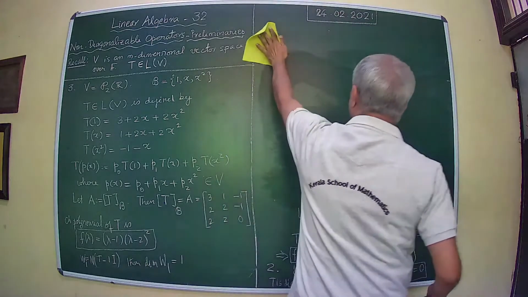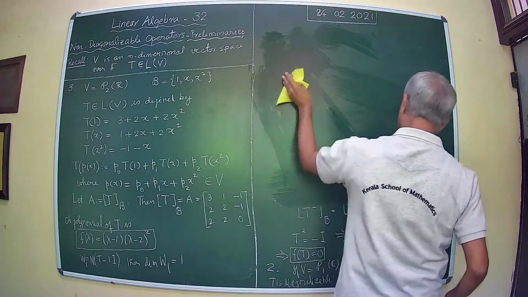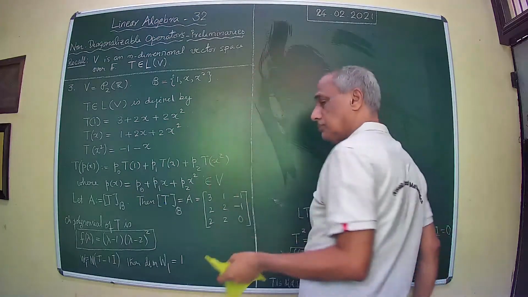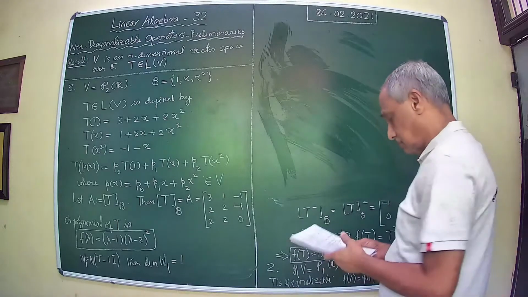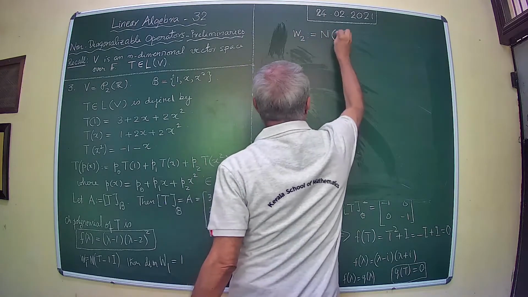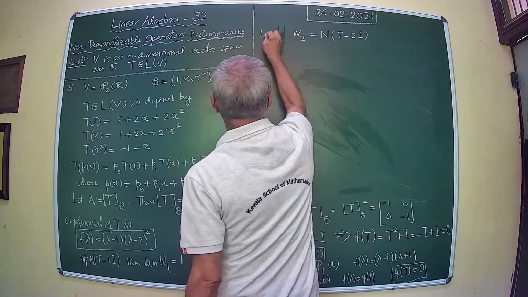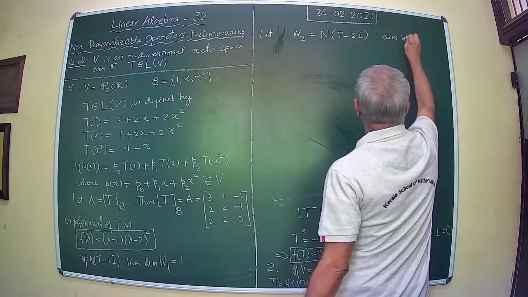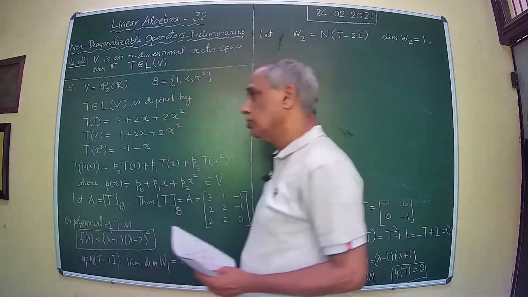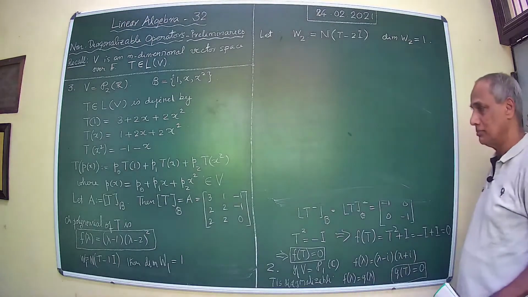Let me see that the dimension of W2 is also equal to 1, in spite of the fact that lambda minus 2 appears in f(lambda) with exponent 2. That's the problem. It's not 2.